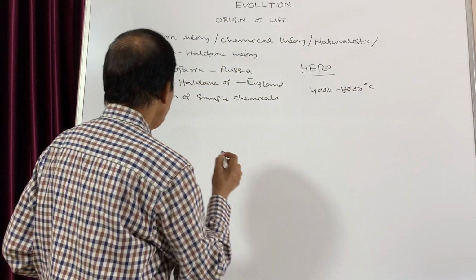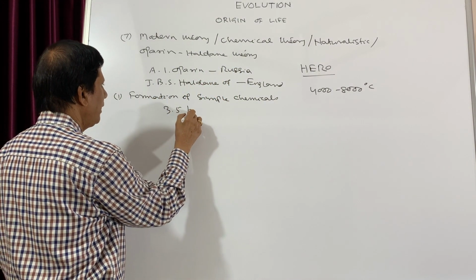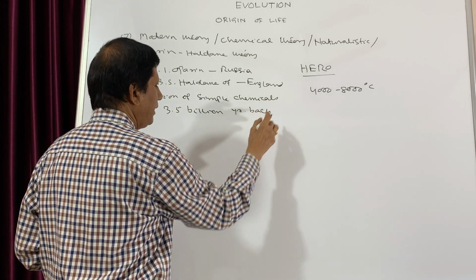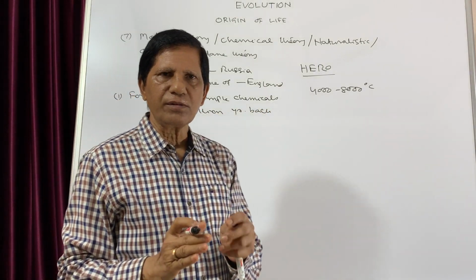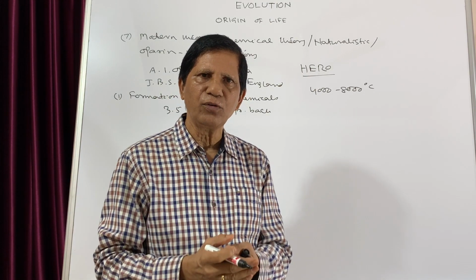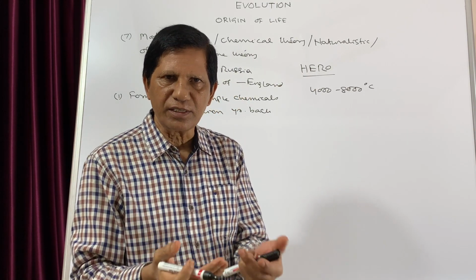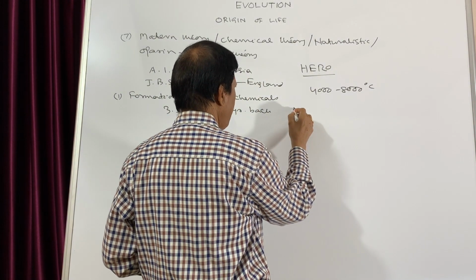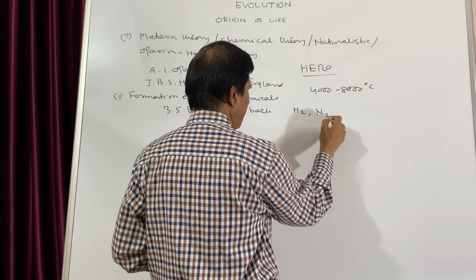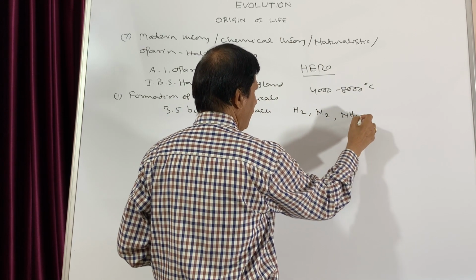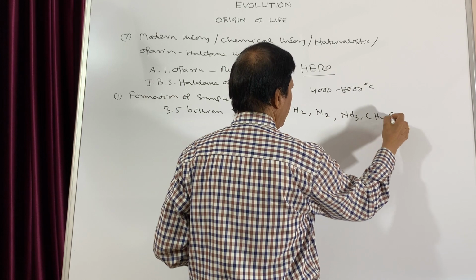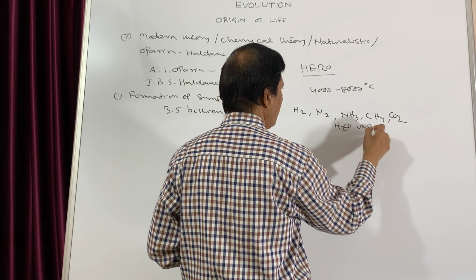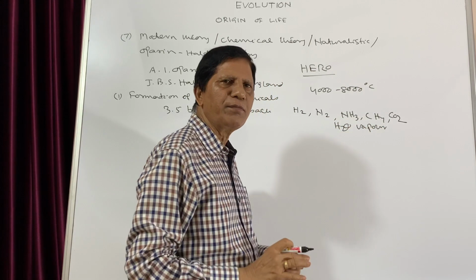But around 3.5 billion years back, when the temperature cooled down, the different elements combined to form different simple inorganic compounds. These inorganic compounds are hydrogen, nitrogen, ammonia, methane, carbon dioxide, and water vapor. These were the simple inorganic chemicals that were formed.